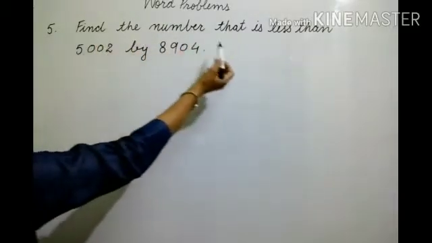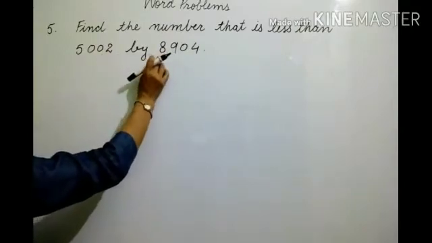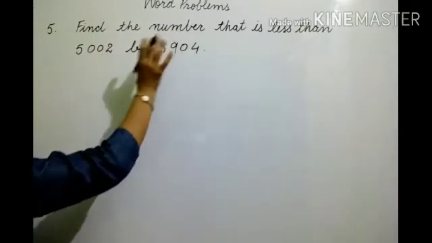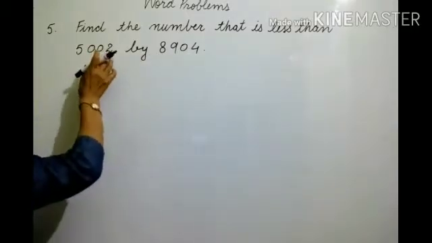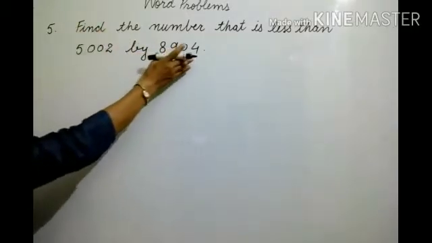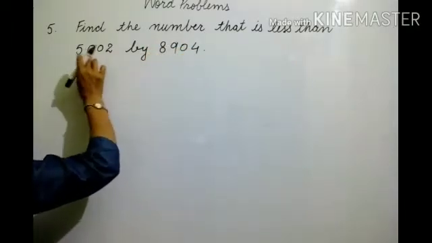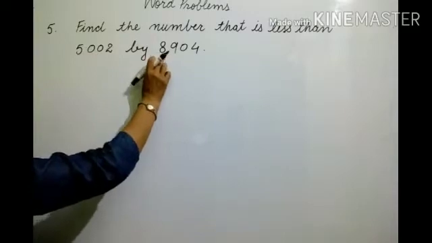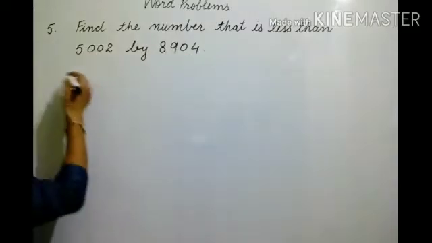Find the number that is less than 8904 by 5002 means one number we will find, means we will subtract 5002 from 8904 to get our required number.